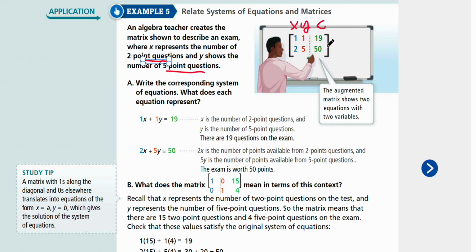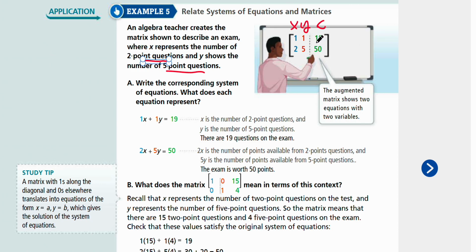What would this represent? Looking at the first one, we got 1 2-point question, 1 5-point question, and we got 19 as a constant. But what would that mean, right? If 19 represents the total number of points, it doesn't make sense because 2 plus 5 is 7, right?